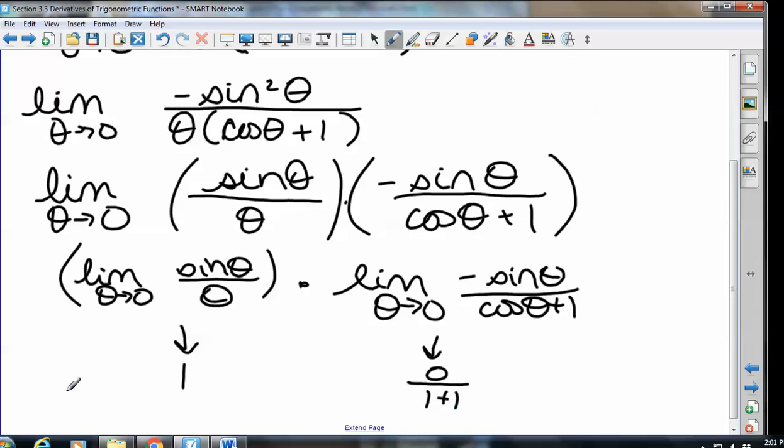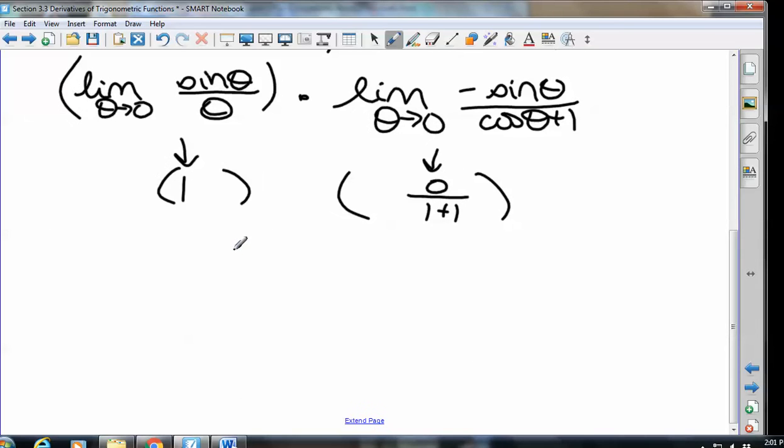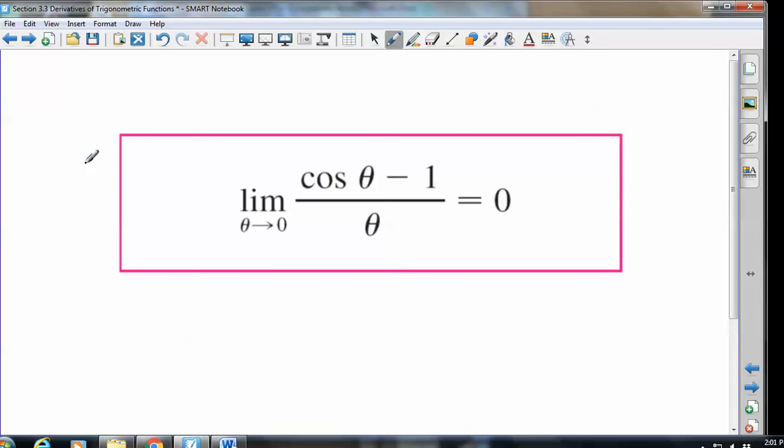So what happened is I work this out and I get 1 times 0 over 1 plus 1 equals 0. Okay, so this is going to be another useful piece that's going to come up in future sections. Now we know that the limit as theta approaches 0 of cosine theta minus 1 over theta is equal to 0.